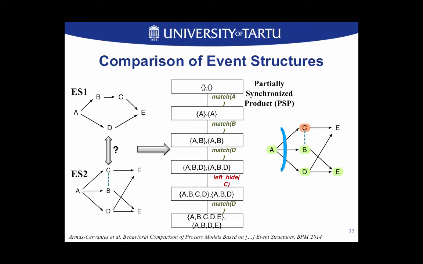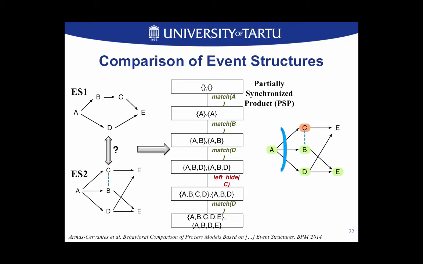So we note that one of the two event structures cannot do a move by means of some operation, left hide in this case, because we're hiding on the second one. And we error correct and go back to a configuration where we can continue the synchronized product of these two event structures. We call that a partially synchronized product of two event structures.